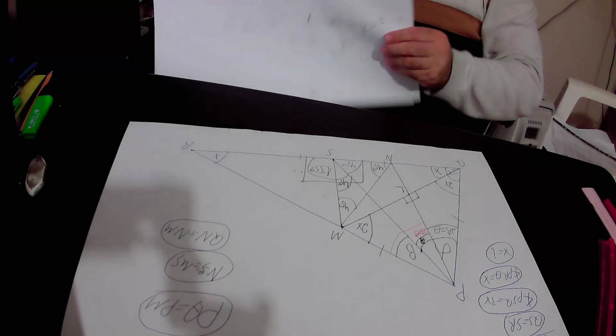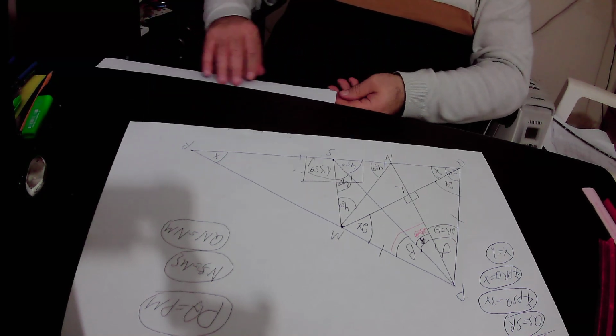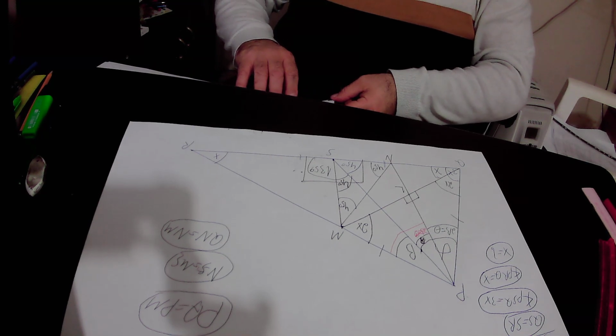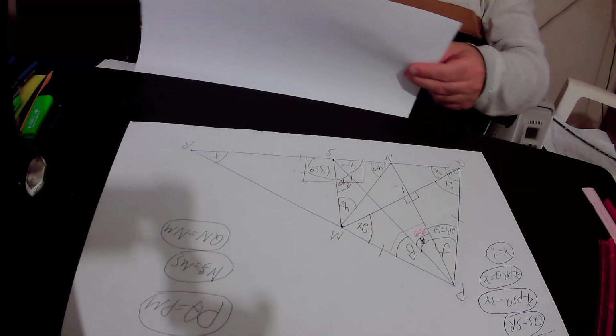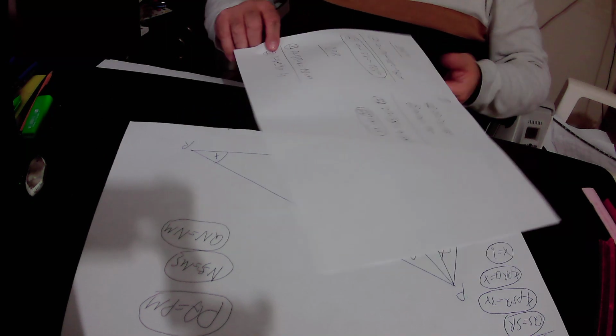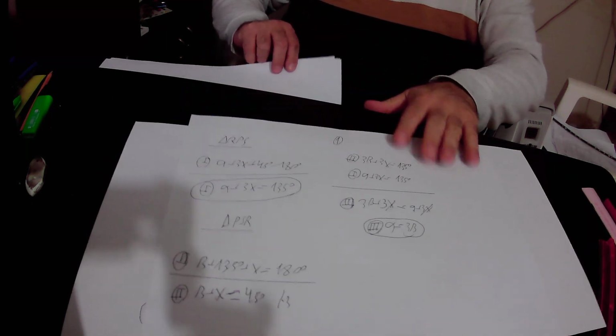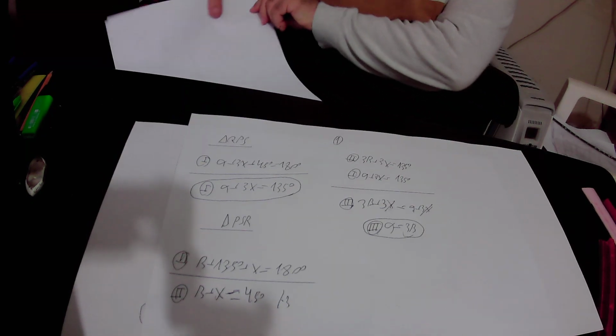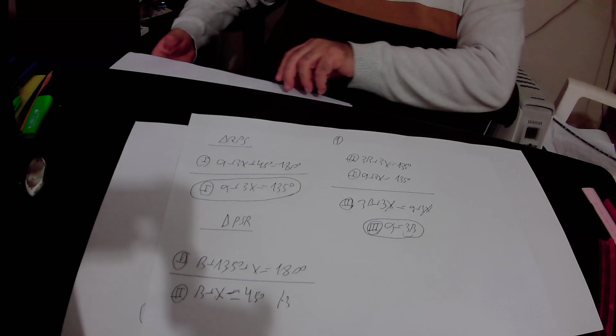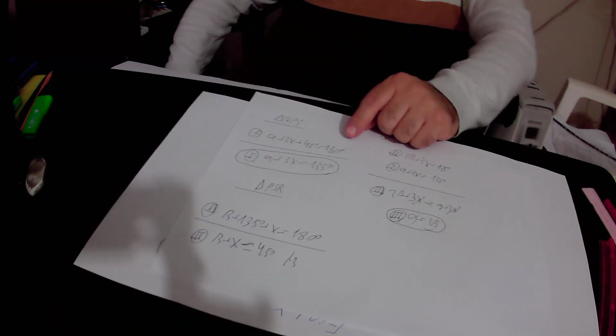Then we know that the sum of the angles in any triangle is equal to 180 degrees. That is to say, the sum of the angles of triangle QQS must be equal to 180 degrees. That is to say, alpha plus 3x plus 45 degrees must be equal to 180 degrees.